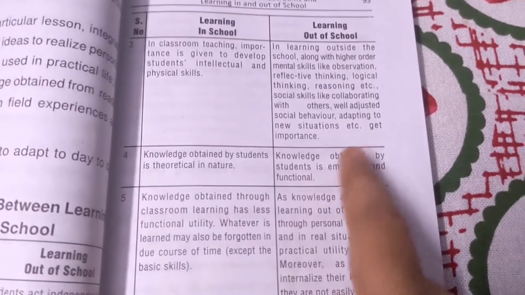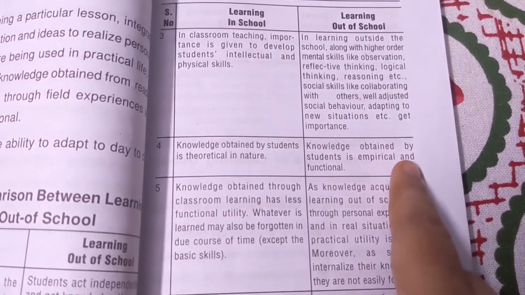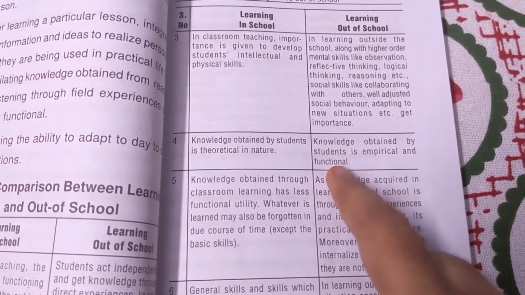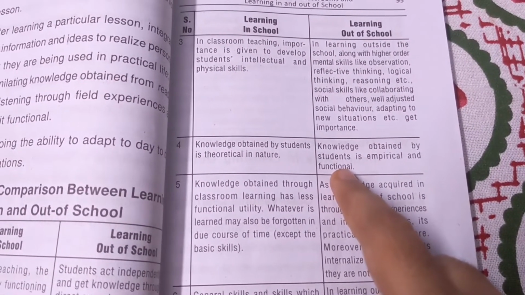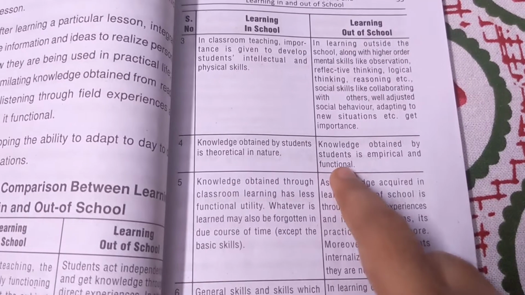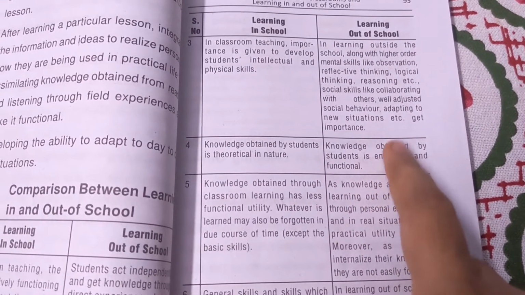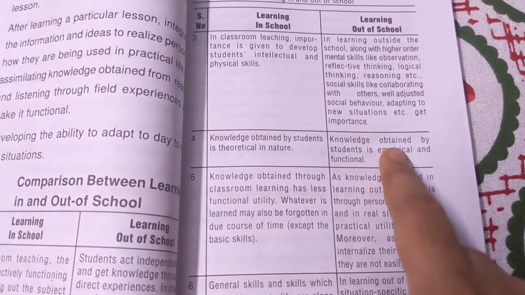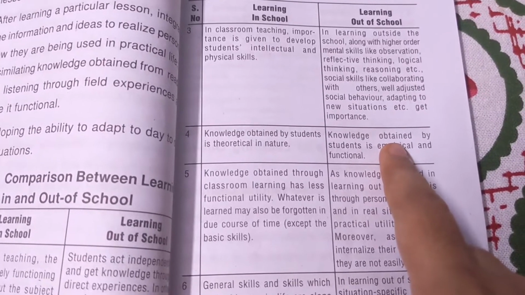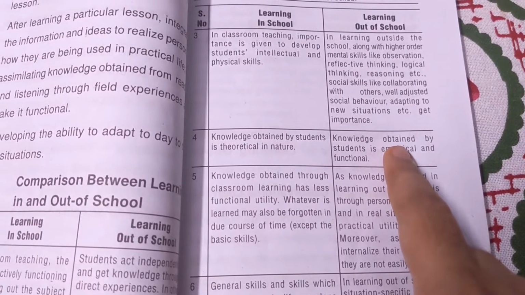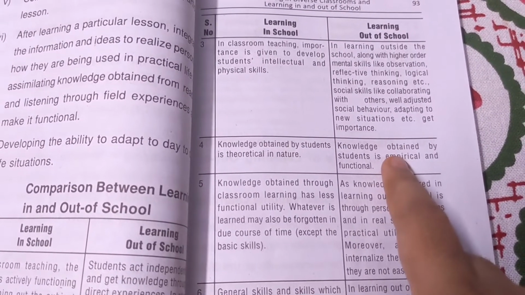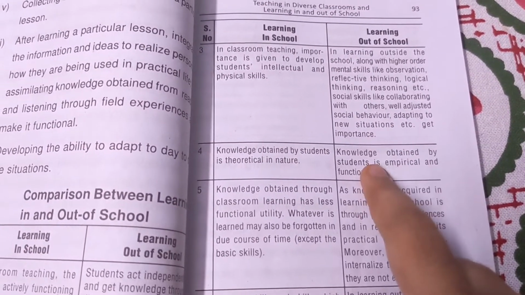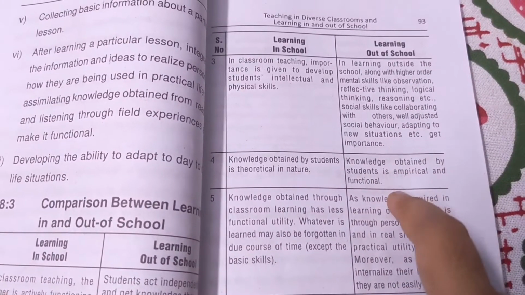Next, knowledge obtained by student is empirical and functional. So empirical and functional is you're experiencing it, you're experimenting it, you're doing it practically. So here you're practically doing things and learning. You're seeing someone doing and you are also doing that and seeing and learning through that. That is, you are practically learning, you're practically getting knowledge in learning out of school.